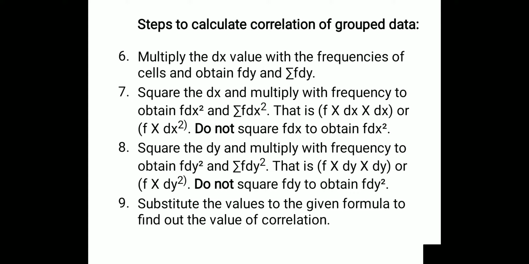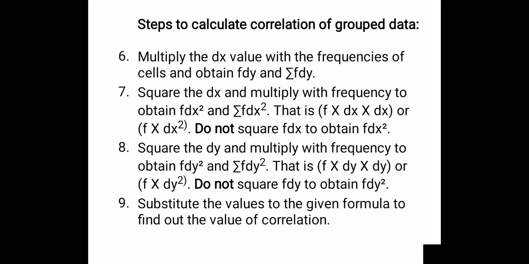So f dx square refers to f into dx into dx, or we can calculate it the other way, that is f into dx square. Dx square we have already calculated, so we can multiply frequency into dx square, and we should not square the whole f dx to obtain f dx square. The same step has to be applied to the y values to obtain f dy square and sigma f dy square.